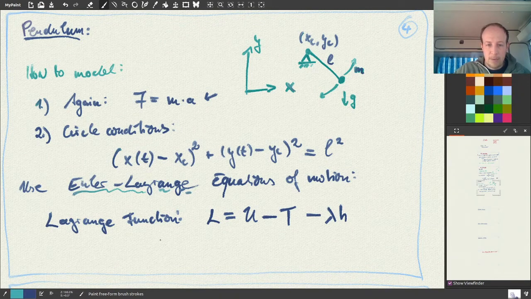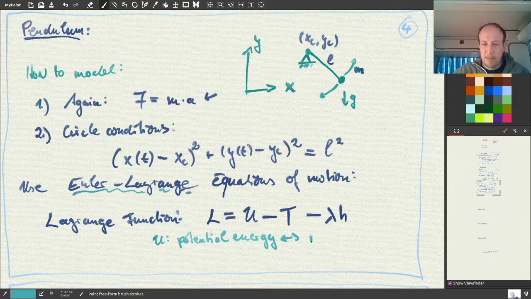So the U is the potential energy. And for the pendulum, this is just the mass times the g times the y.